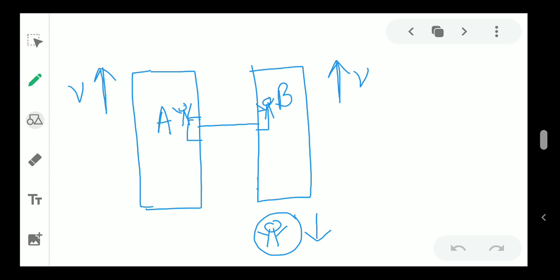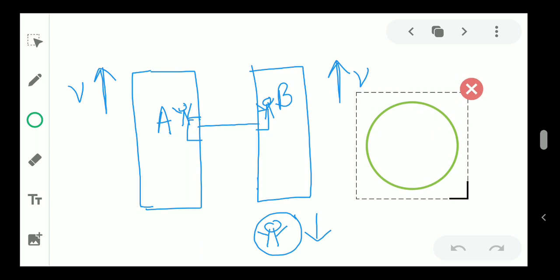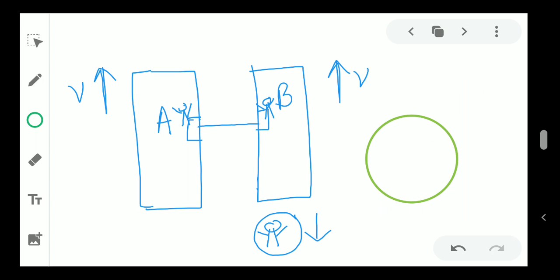One more example you can take is the rotation of Earth. We all know that the Earth rotates around its axis, so you are also moving, I am also moving. But when we sit in a chair, like you are sitting, I am sitting, for you I am at rest, and for me you are at rest.